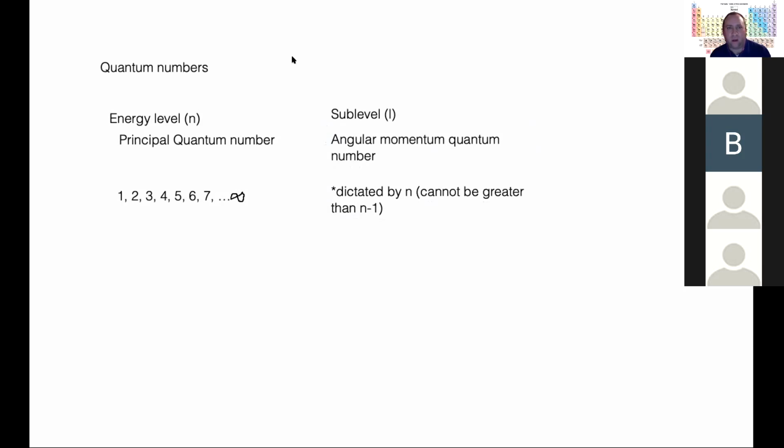So again, following through here, if we want to describe an electron, the first thing we do is describe what energy level it's in. Then we can describe the type of sublevel that it's in. And the sublevel dictates the shape of the orbital, and it follows a very specific key.